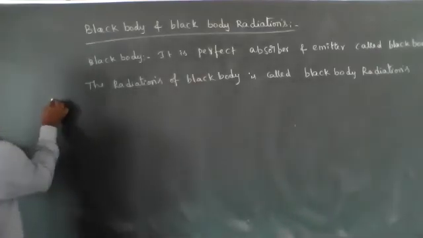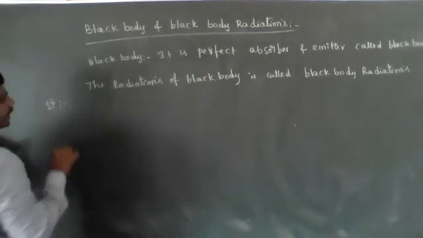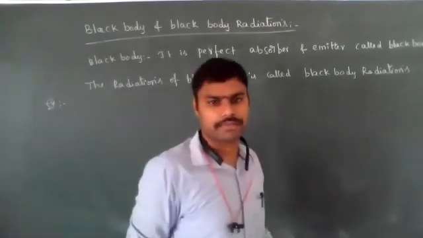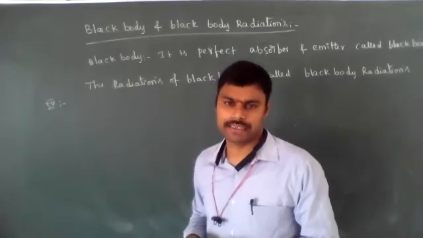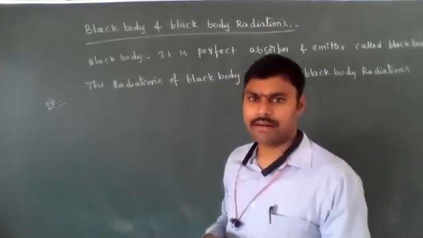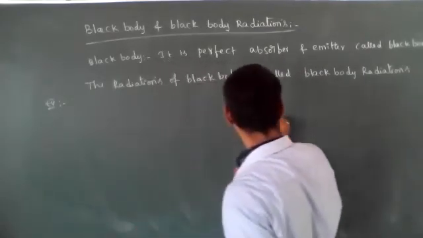See, for example, in nature there is no perfect black body, but some materials act as a black body. For example, a hollow sphere.